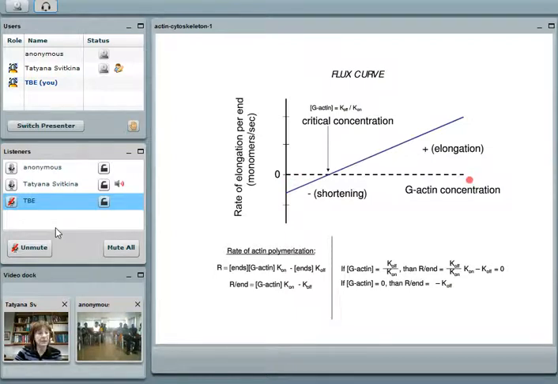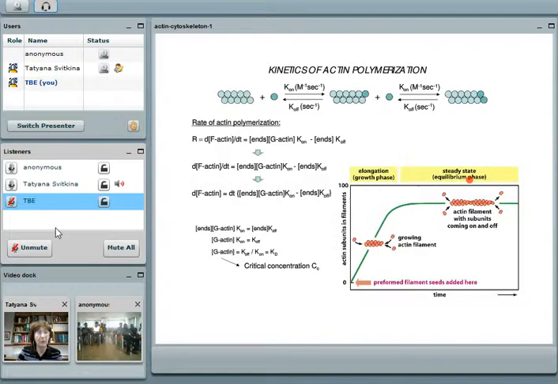Depending on actin concentration. Let me go back to the previous slide for the moment to make one more point. So the slope of the leading part of the graph really depends on how much G-actin was added initially. Right? So if we added very little actin, it would still be linear but slower.